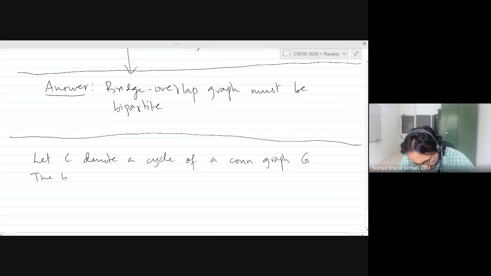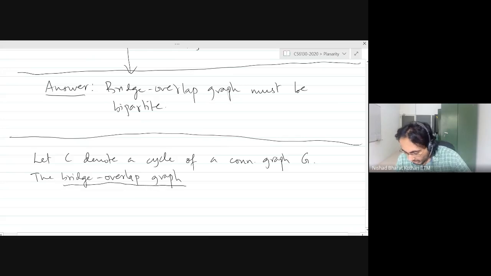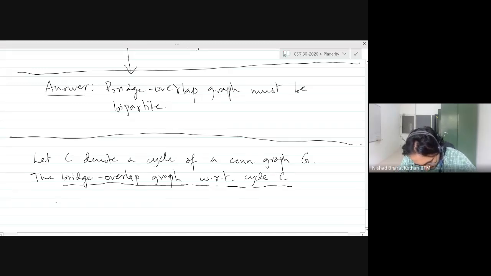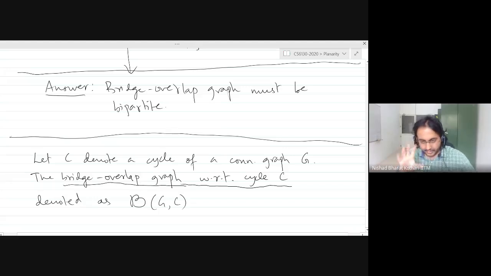The bridge overlap graph with respect to cycle C, denoted as script B(G, C). So you have a graph, you have a cycle, and now you are going to make a graph called the bridge overlap graph with respect to this graph and the cycle.